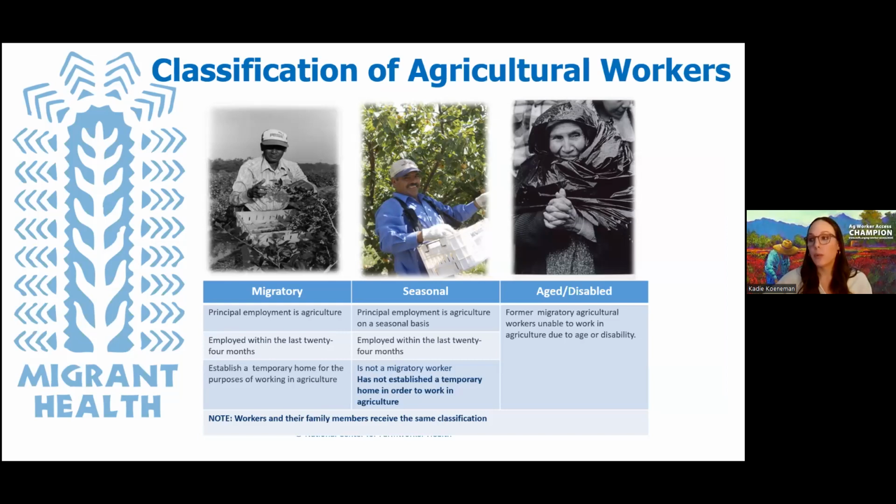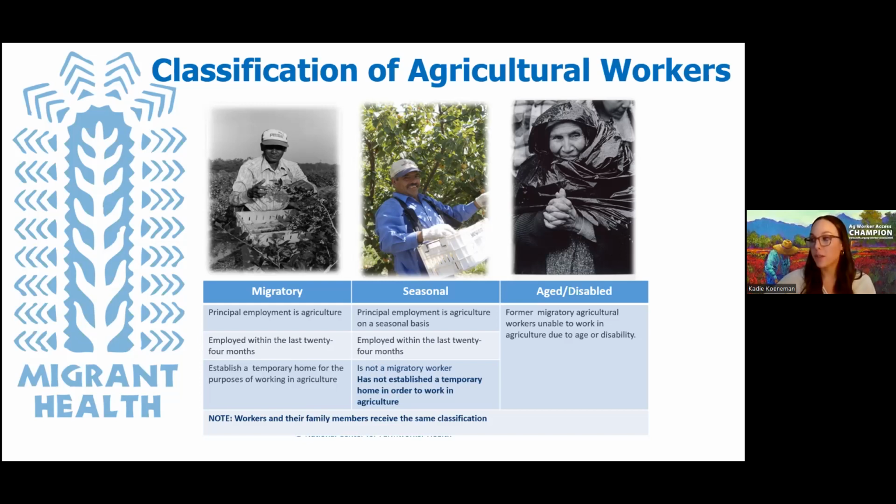They've been employed within the last 24 months or 2 years, and they establish a temporary home for the purposes of working in agriculture. Our seasonal agricultural workers are defined as also a principal employment in agriculture on a seasonal basis and employed within the last 24 months or 2 years.